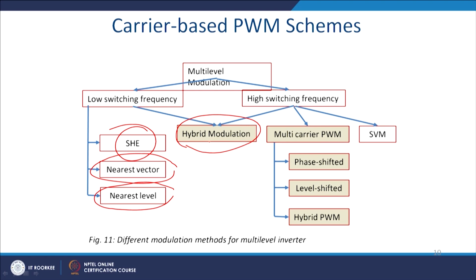And we can have carrier based PWM, which we have studied for the 2 level inverter, bipolar and unipolar. You have phase shifted, level shifted and hybrid PWM. We shall see the different kinds of it, and of course, we have already discussed 2 level SVM. Now, we will discuss 3 level space vector modulation.